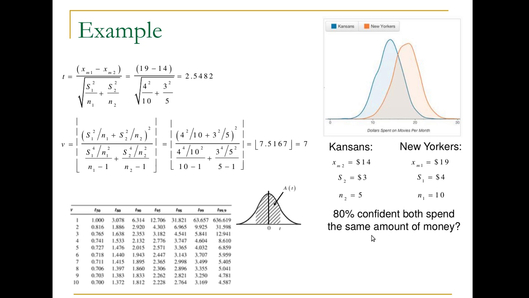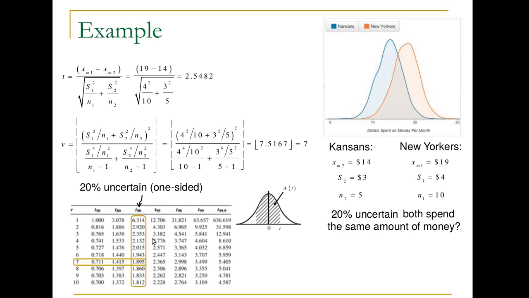And we want to be able to say with 80% confidence whether or not people in Kansas and people in New York spend the same amount on movies. So our confidence level is 80%, that means our significance level is 20%, and to find t, we want to divide that by 2, and that'll give us our value for t. So we have t90.